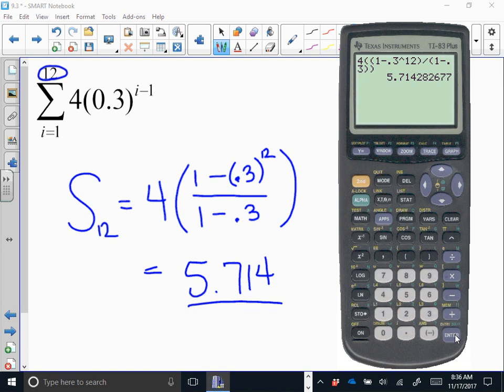I would urge you to write down whichever formula you are using on the quiz on Tuesday, just in case you have a calculator error. I can at least know that you have the right process. Otherwise, no partial credit given. Okay? Let's look at the next one.